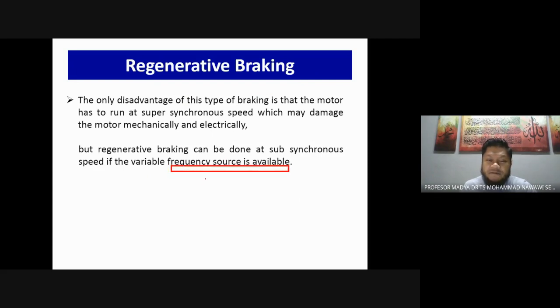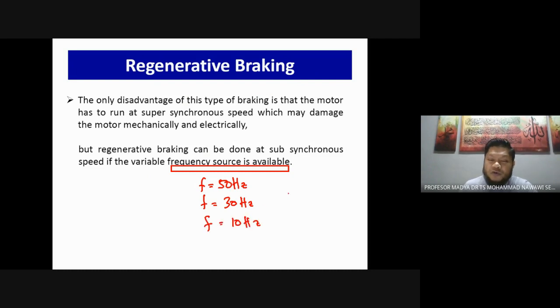So you have F, 50 hertz, isn't it? Normally you have 50 hertz. But if you are able to have a variable frequency converter, you can change that to F equals, for example, 30 hertz, or you can have 10 hertz.